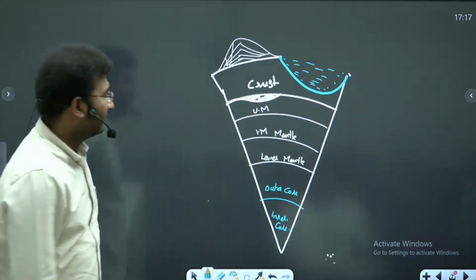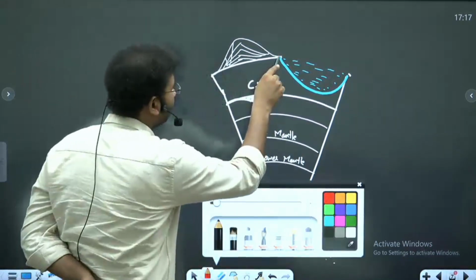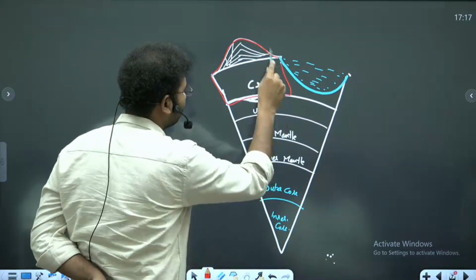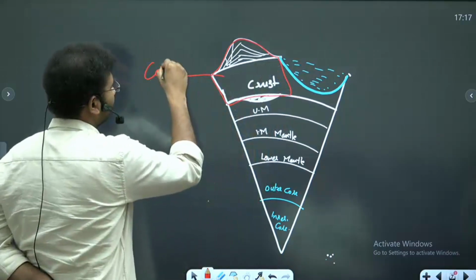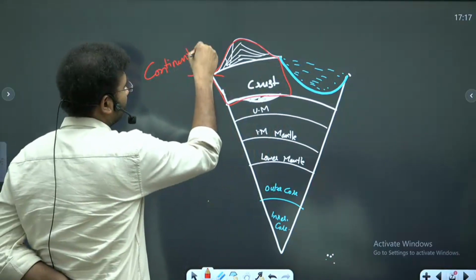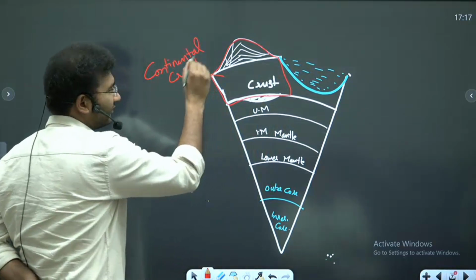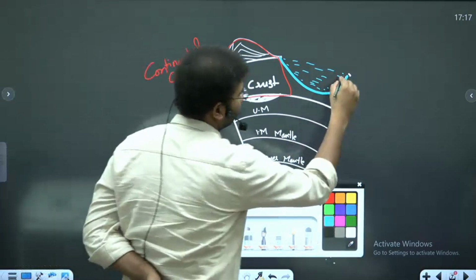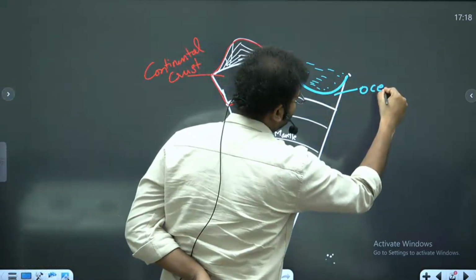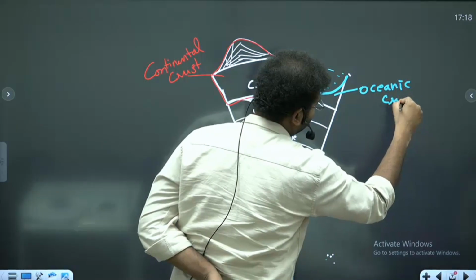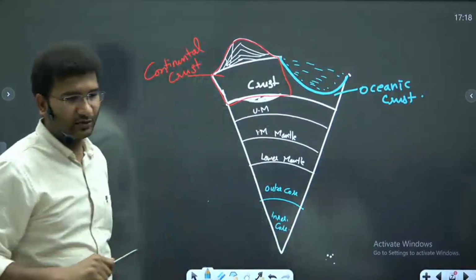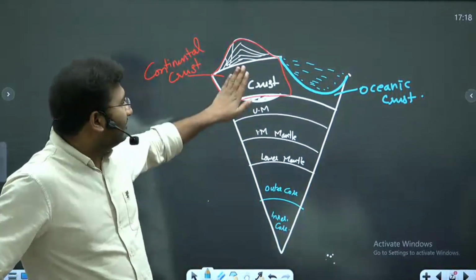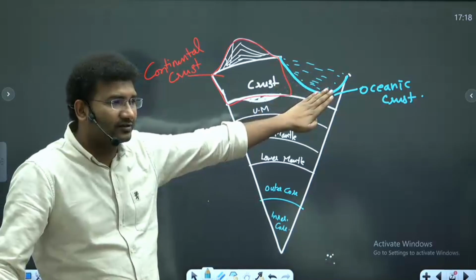Now, I can call this part of the region continental crust, and I'll call this part of the area oceanic crust. I am discussing only the chemical composition till now, okay?